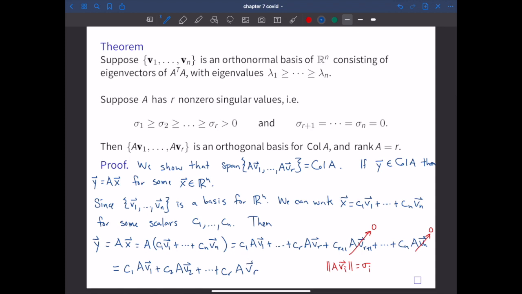So what we've done is we've shown that the vector y can be written as a linear combination of the vectors Av1, Av2, all the way up to Avr. In other words, you can write down the vector y using only these vectors up to the rth one. Because anything in the column space can be written as a linear combination of these things, it shows us that the span of these vectors is equal to the entire column space.